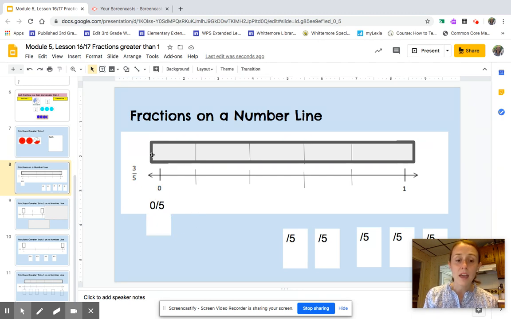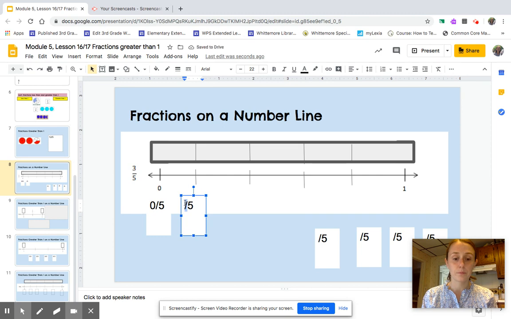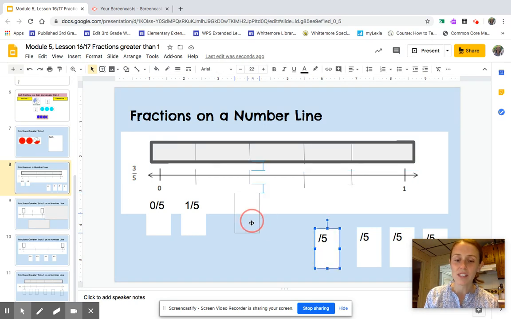Okay. If I move right over here to my first line, I know that I've just moved 1/5 of my number line. I'm going to fill that in. Okay. Here's that 1/5. Now if I add another fifth to that, can you tell me how many pieces I have? If you said 2/5, awesome job.